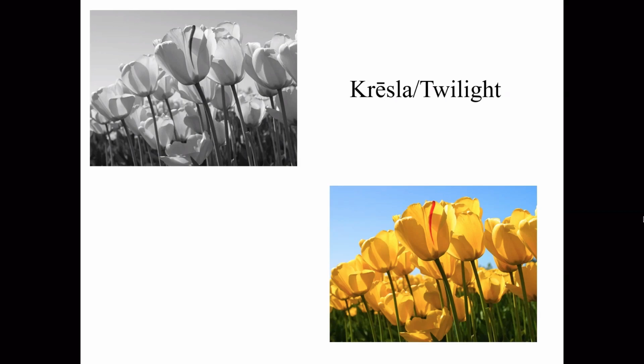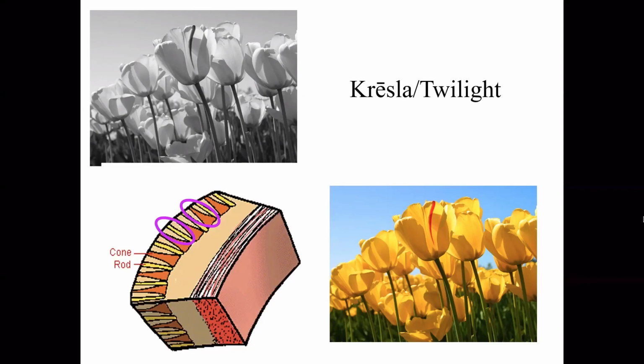However, there are cells that are able to see the colors. So this is the reason that we have two kinds of cells. The white-black image is delivered by the rod cells, and the colored one by the cone cells.